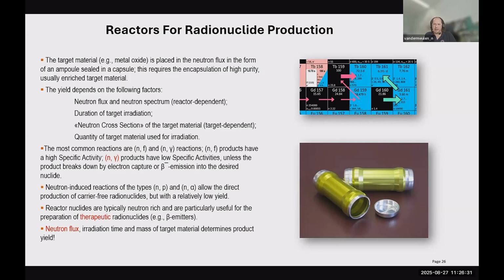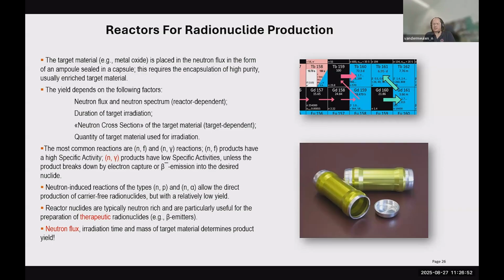That is your N-gamma reaction. And so in essence, by irradiating gadolinium-160, you are producing gadolinium-161.